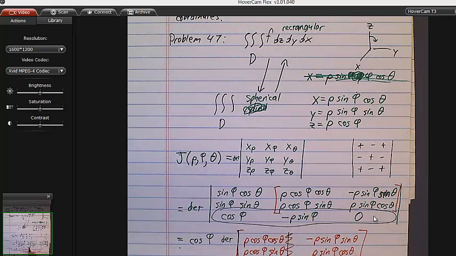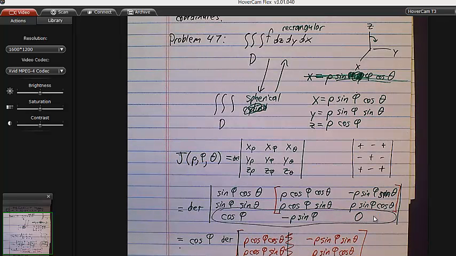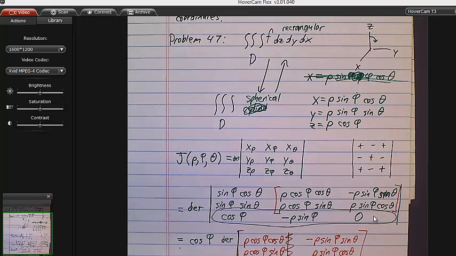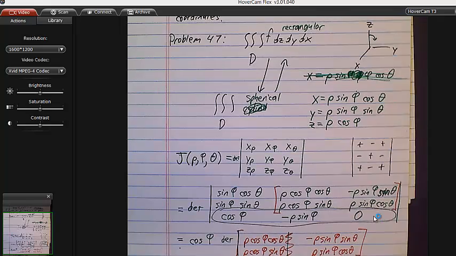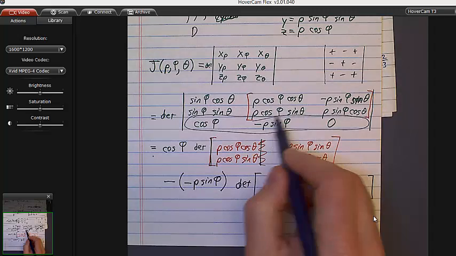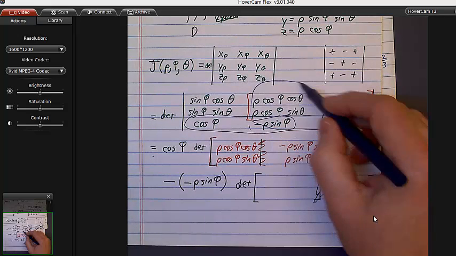Now look, we have negative rho sine phi times the determinant of what matrix this time? The way I got the brown matrix was when you're at a certain spot, you delete the row and column that you're in. Let me be careful about this. I mean, it's going to have to be bigger. Can you move it down a little? Oh, yeah, sorry. So I'm here, so I delete that bottom row and this middle piece.